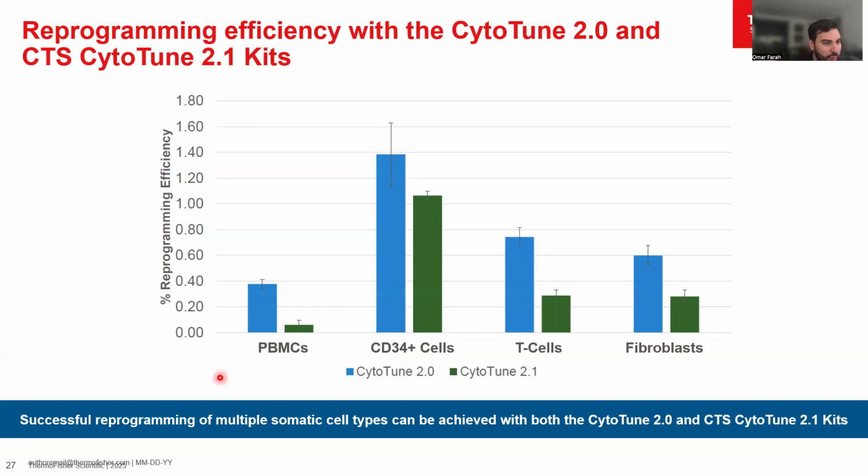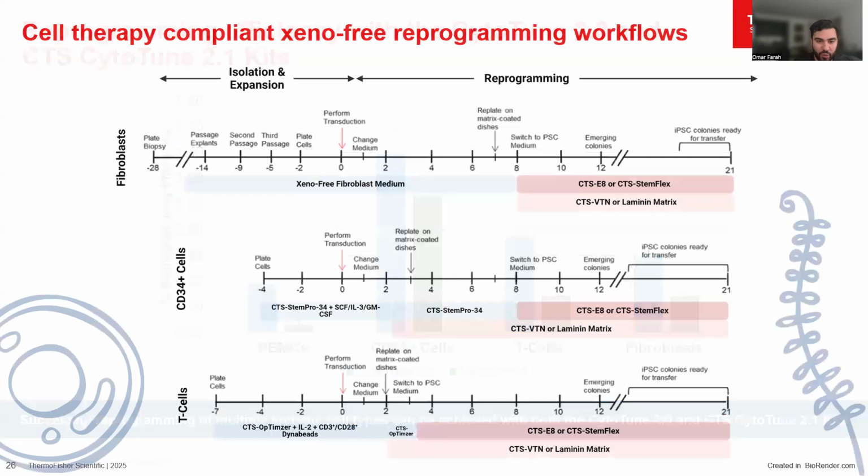Is there a difference between reprogramming efficiencies in naive versus activated T cells? Good question. You definitely need to activate your T cells to start the reprogramming well. And I'll go back to this particular figure.